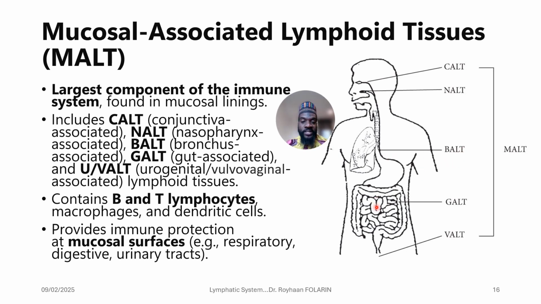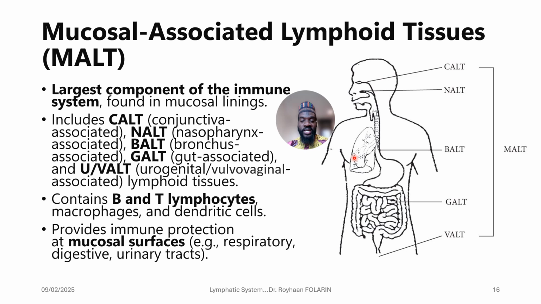And then you have some at the gut, known as GALT, and then you have some at the urinary tract, which could be referred to as the urogenital-associated lymphoid tissue, or vulvovaginal-associated lymphoid tissues.